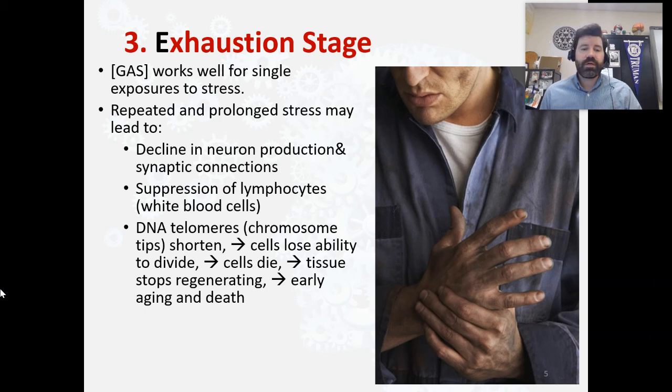And then also telomeres. We talked a little bit about telomeres when we talked about aging and development. One thing that we have found is that with prolonged stress, those telomeres shorten. And you can kind of read through the progression here that cells have a more difficult time dividing and regenerating. And the result is it's like you're aging faster.